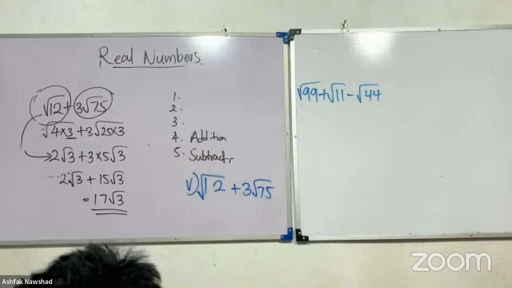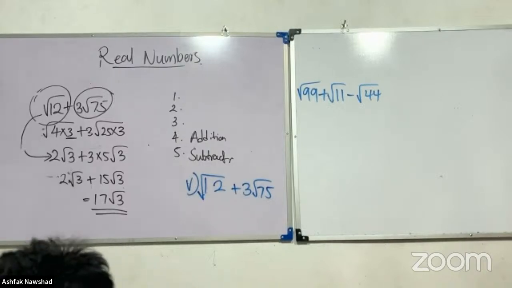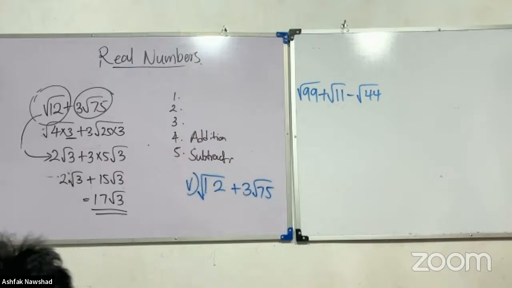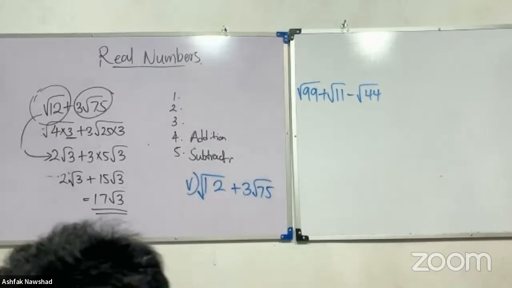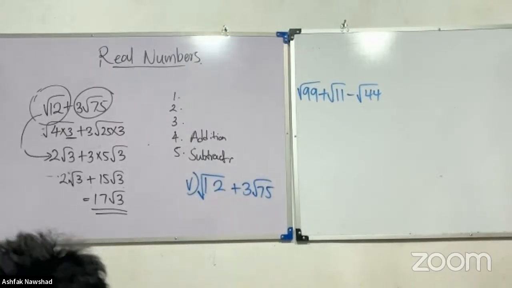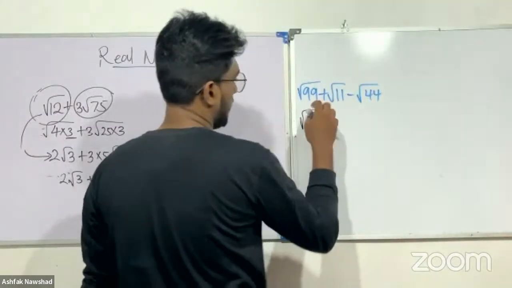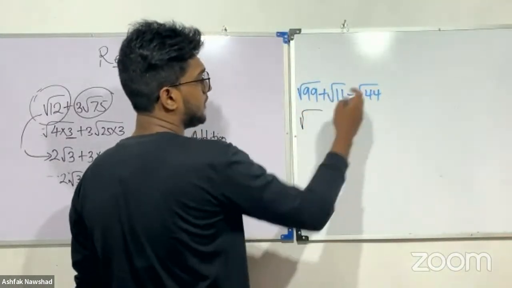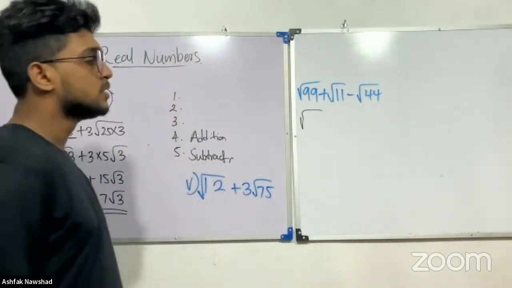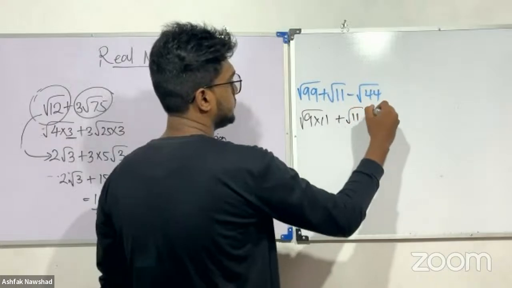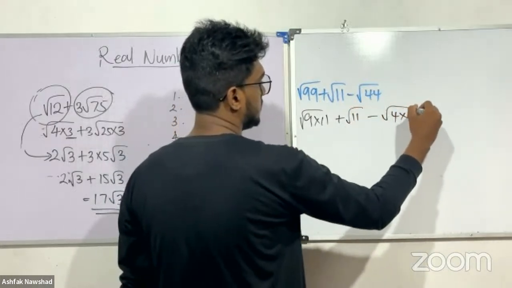Okay, I'm getting answers. That's good. 2 root 11, right? That doesn't need a big explanation. So 99: everything is a multiple of 11. 99 is 9 times 11. 11 is just 11. 44 is 4 times 11.